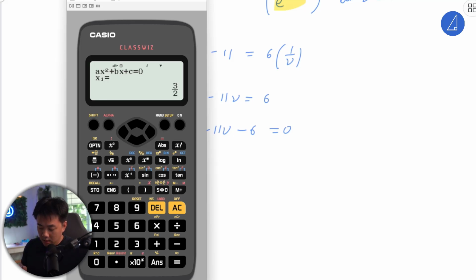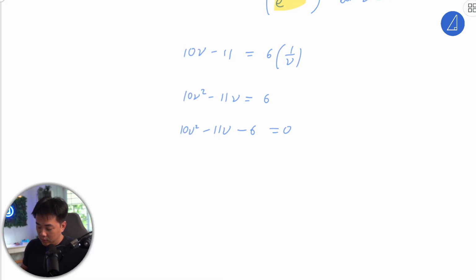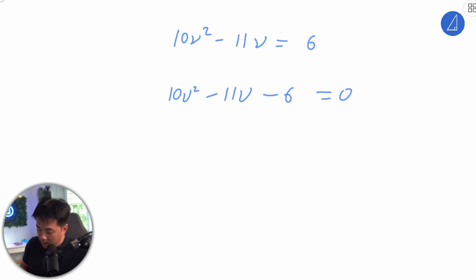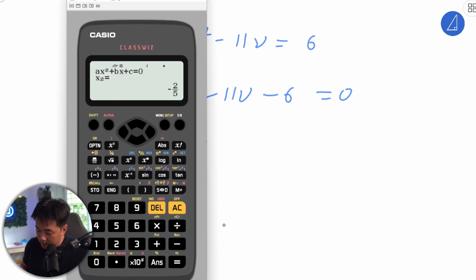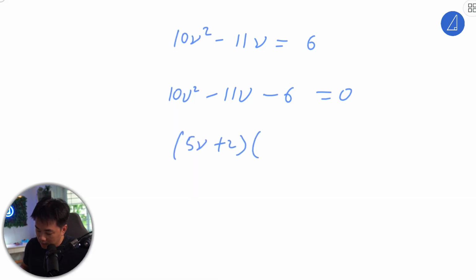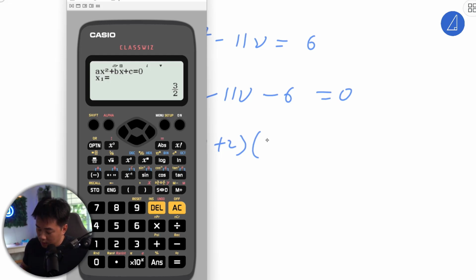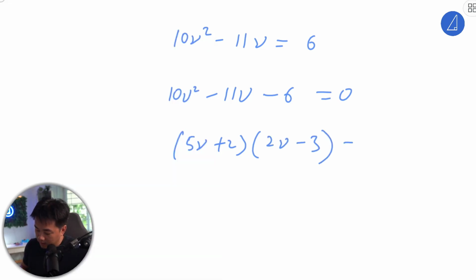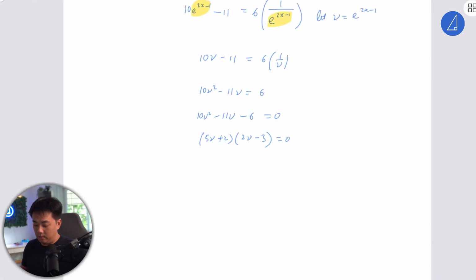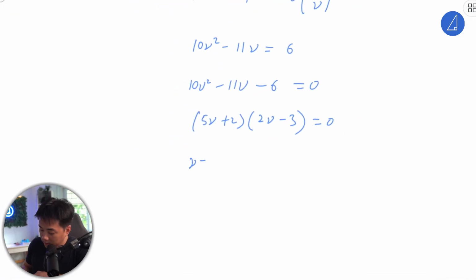Okay. Key in and we get 3 over 2 and minus 2/5. So this would be 5v plus 2, and 2v minus 3 equals to 0. Okay, there you go. So v will just be minus 2 over 5, or v equals to 3 over 2.